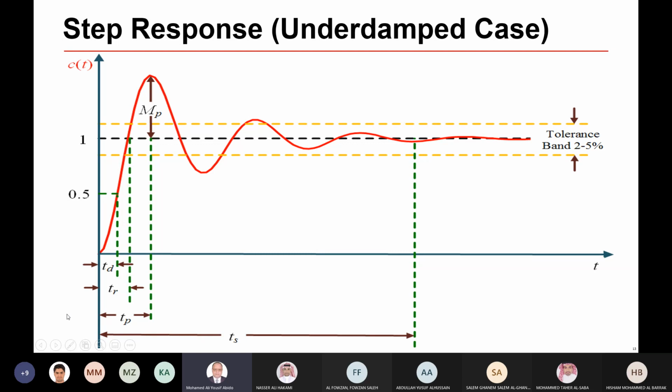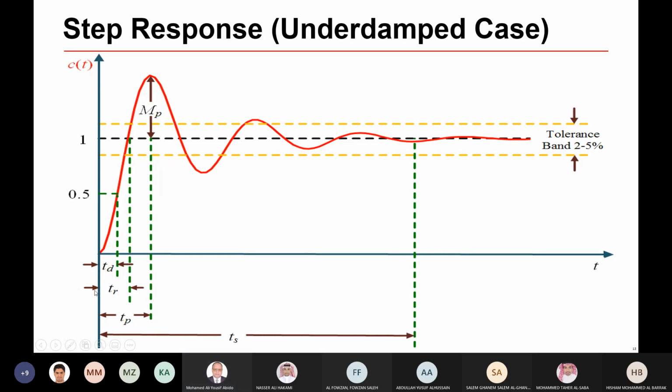You can use these parameters in order to design your controller, and to evaluate your controller based on these parameters, such as delay time, rise time, peak time, settling time, and the maximum overshoot. The definition of the delay time is the first time that the response reaches 50% of the steady state value. This is the delay time.